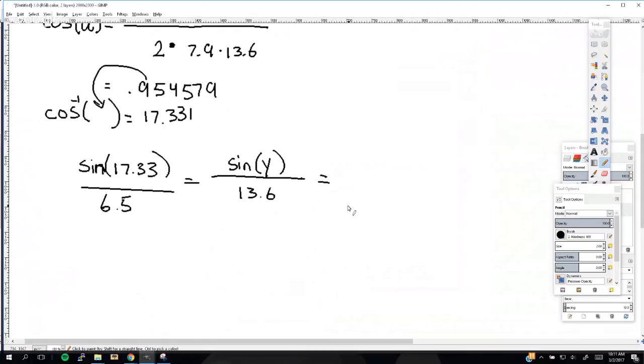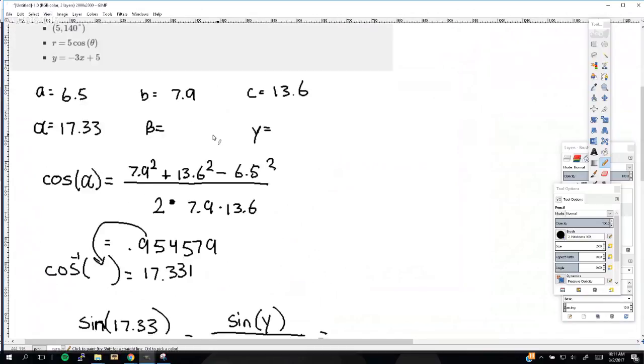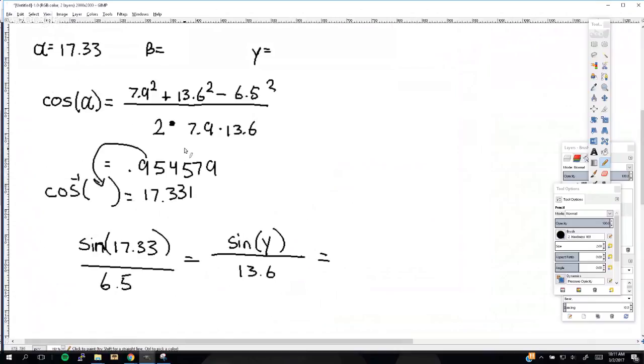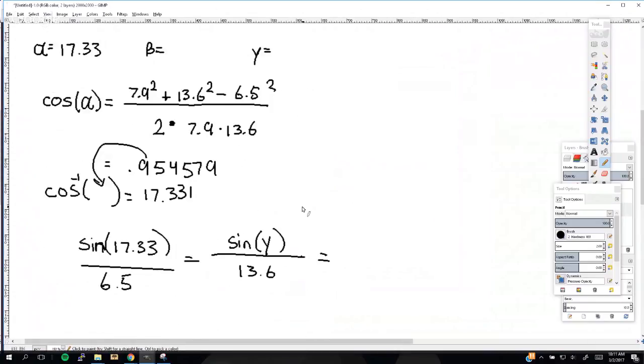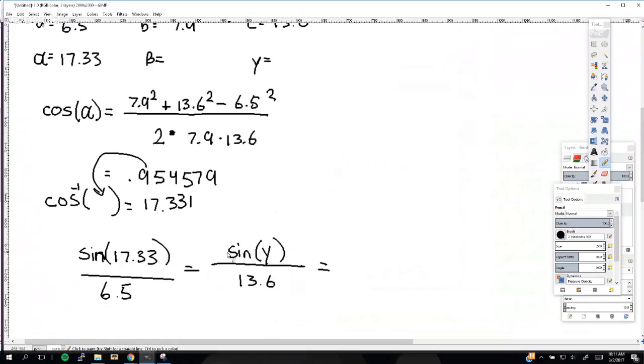Wait, are you calculating for beta or for gamma? For beta. Oh, I didn't realize you were doing gamma. Sorry. Don't worry, it's probably a good thing. So you got 21.1, well, 21.2. Is that what it is?